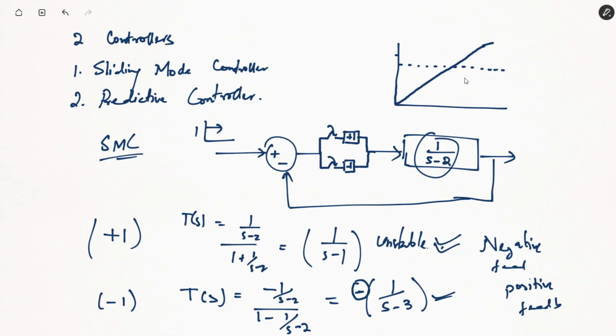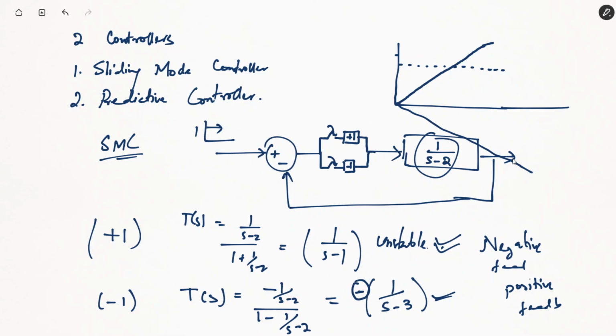That means instead of, say, the system rising like this, it will be falling like this in this direction. So the effect is that with a negative feedback, we'll have a rising unstable curve. With a positive feedback, we'll have a falling unstable curve.